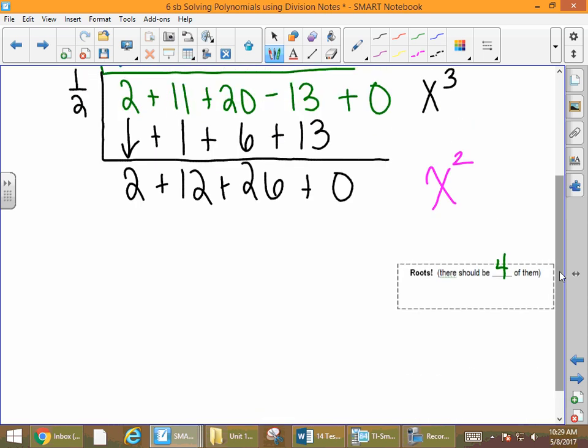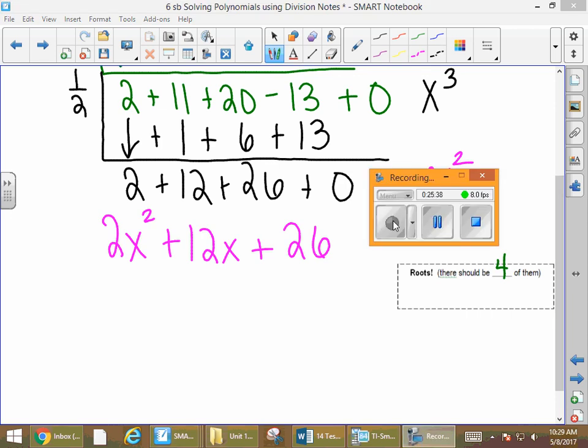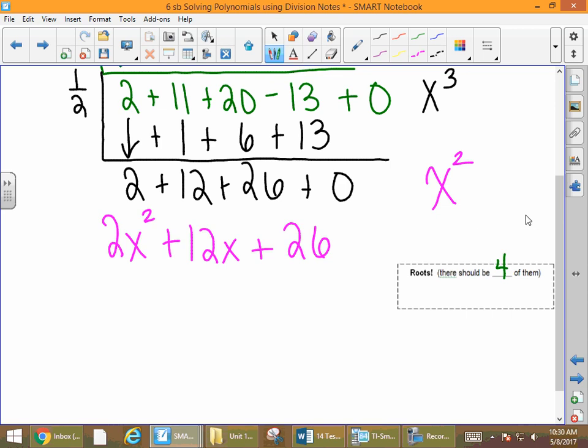So if we put x squared back into the problem, we have 2x squared plus 12x plus 26. So we just put the variables back into the problem here. Yes, there's a GCF of 2. But let's not worry about that right now.